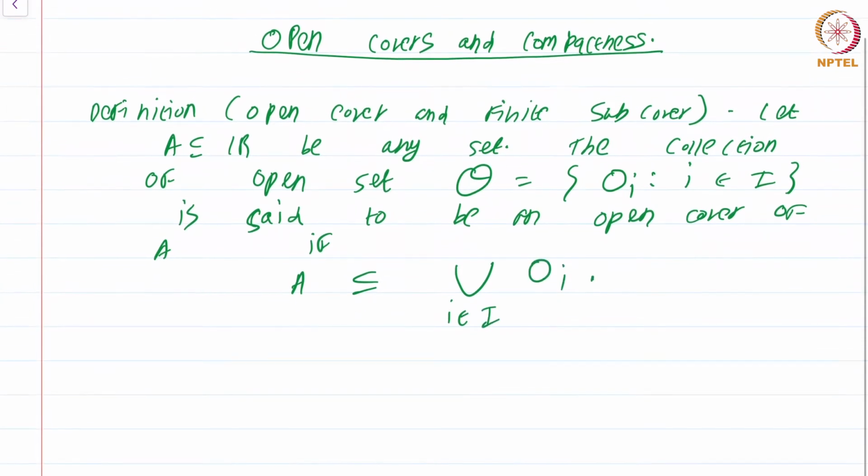Okay, so this is a fairly straightforward notion. You say a collection of open sets is an open cover if the union covers the set.